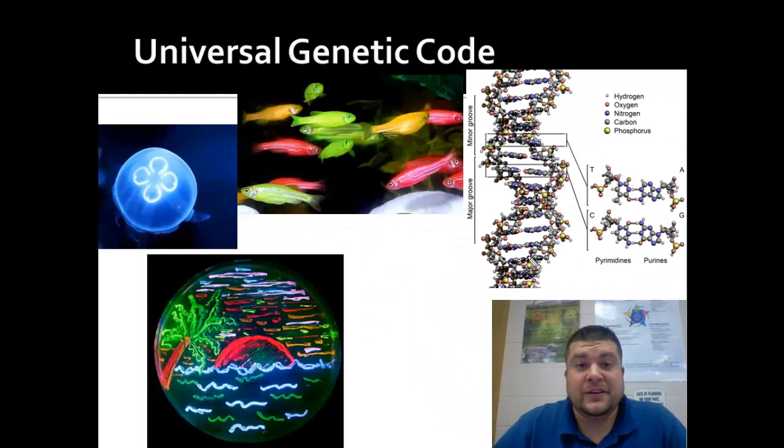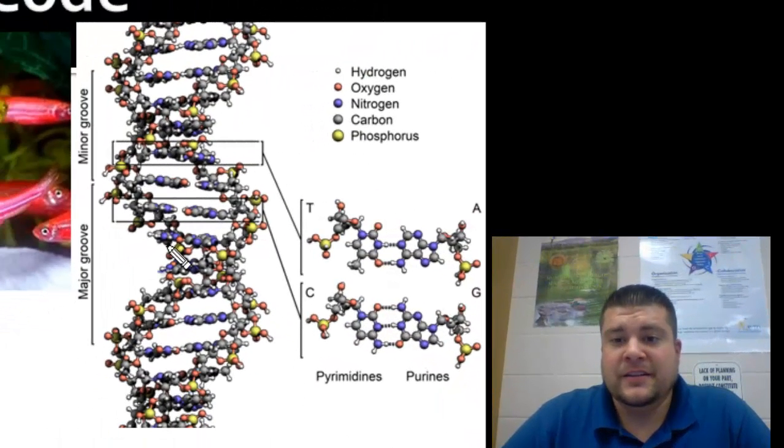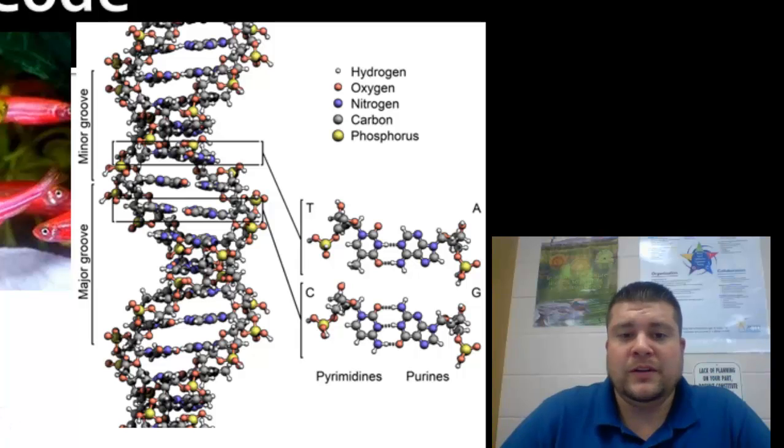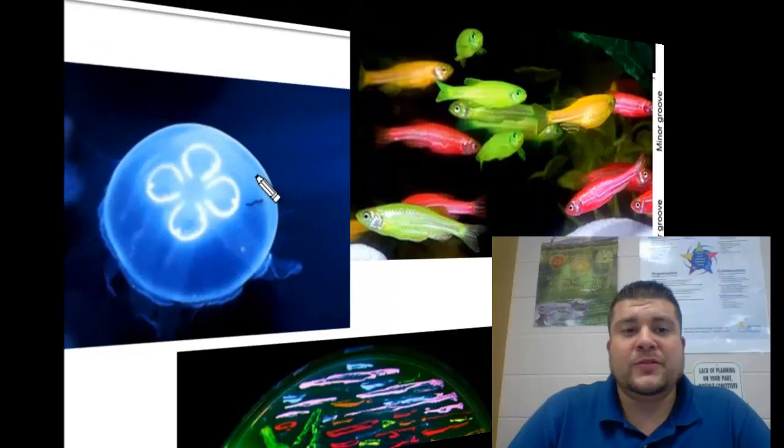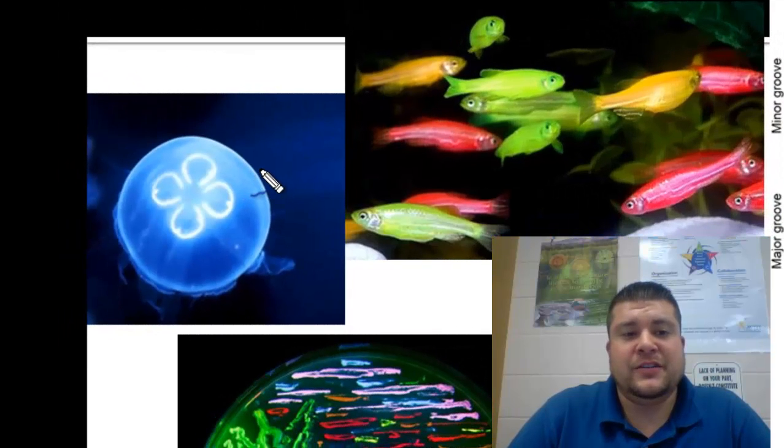Everything in life is based on a universal genetic code. In this case, it's DNA, and so it's made up of A's, T's, C's, and G's. These different combinations of these four letters will allow us to get different proteins. One protein that we have is from this jellyfish. It glows.